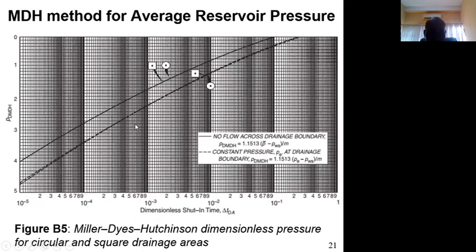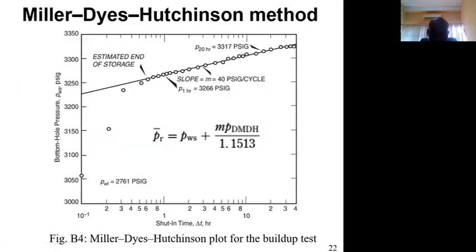This is the plot, of course, for which I showed you the fitted polynomial. The solid line here, this is no flow boundary, which is as in the case of our example, and these are for constant pressure boundaries. So here you have dimensionless MDH pressure. This is shut-in time. Now, so this is the MDH plot.